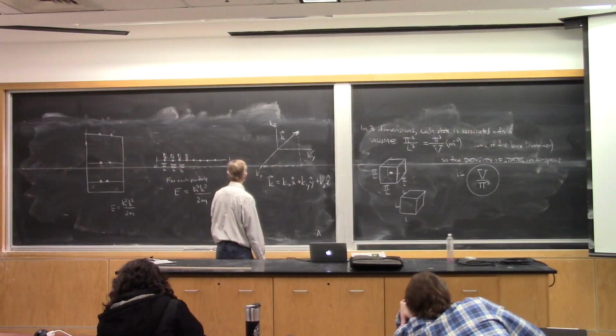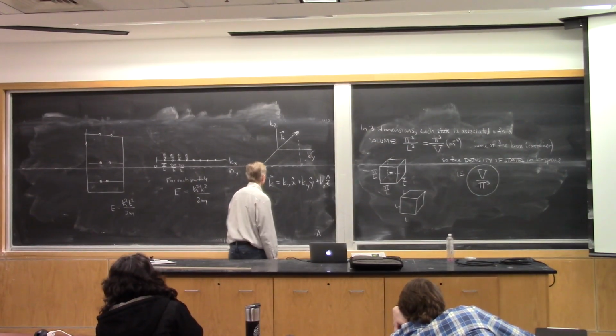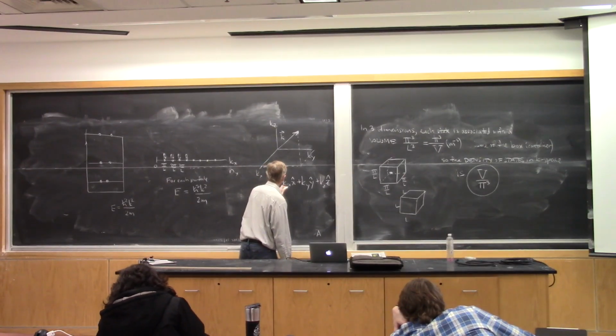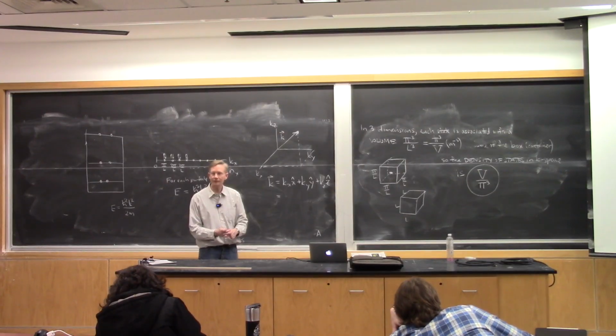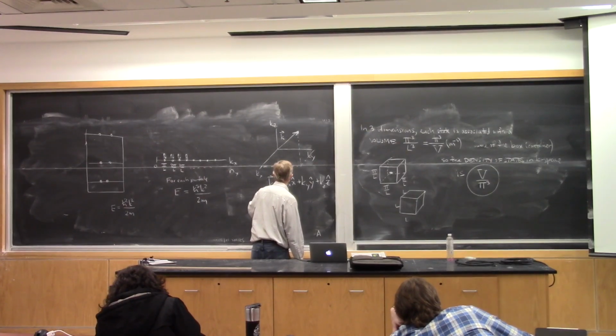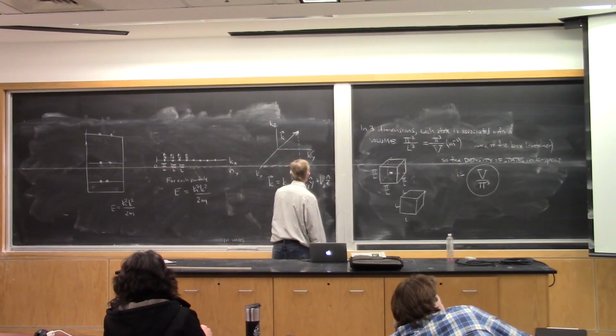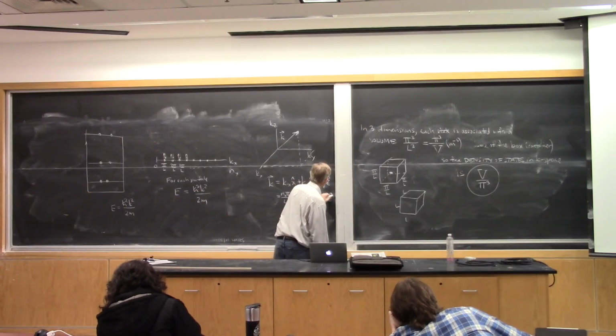The energy is h bar squared k squared over 2m. Well, if I write the whole thing out, what's k sub x equal to? It's an integer times what? Pi over L. And what do we call the integer in the x direction? n sub x. So this is n sub x pi over L x hat plus n sub y pi over L y hat plus n sub z pi over L z hat.